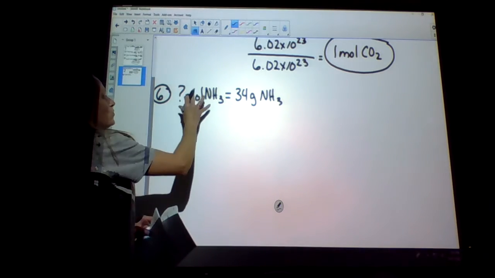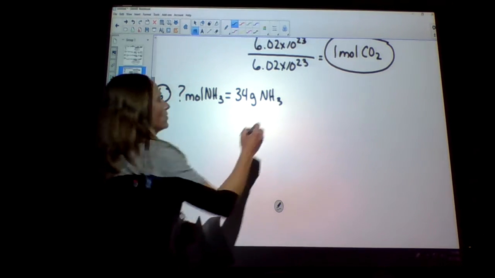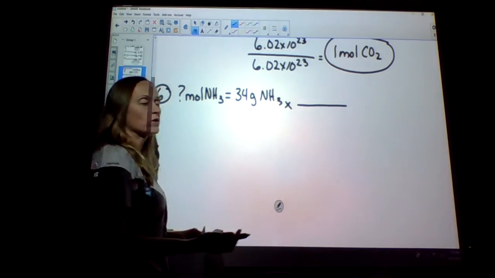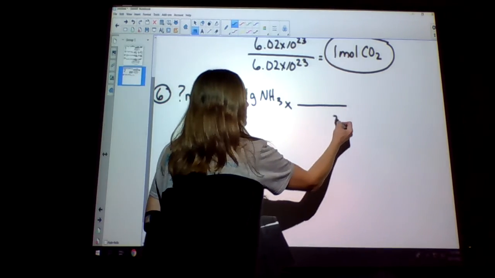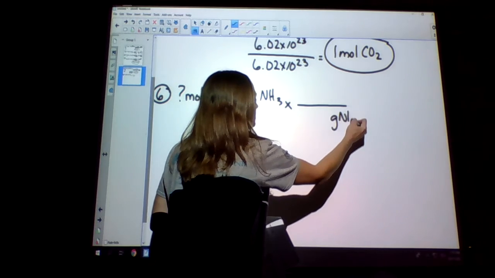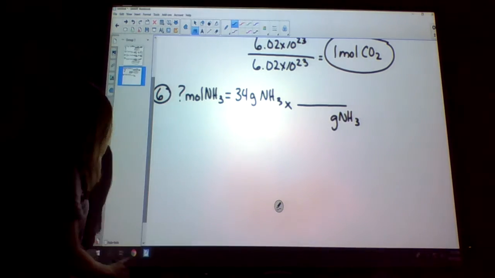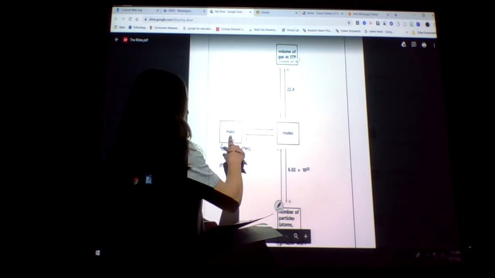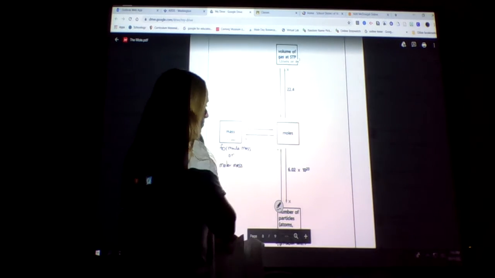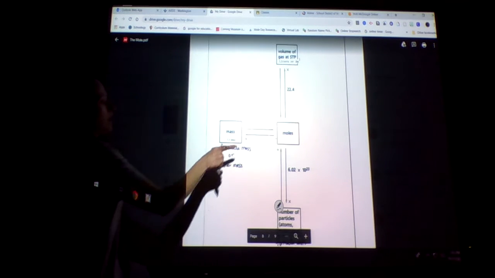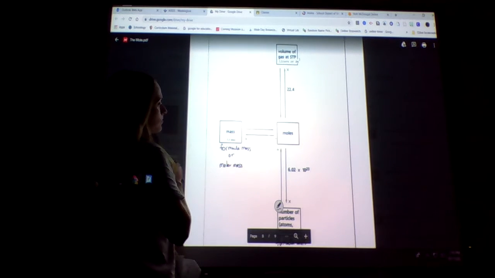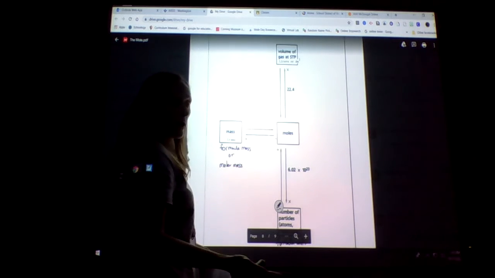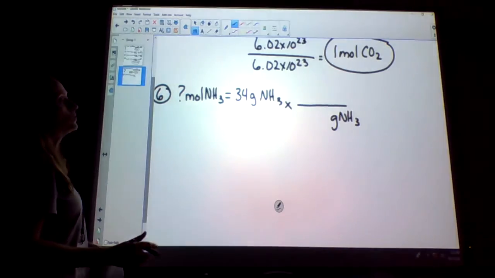Okay, so what we're trying to find equals our number of grams. Let's draw the equality. Just like before, if we want our grams to cancel, grams will go down in the bottom. Let's look at our mole diagram. So we are starting off here at grams and we're traveling to moles. We're going to use our periodic table to find our mass. And if we set it up correctly, we'll be dividing by our molar mass to get our number of moles.